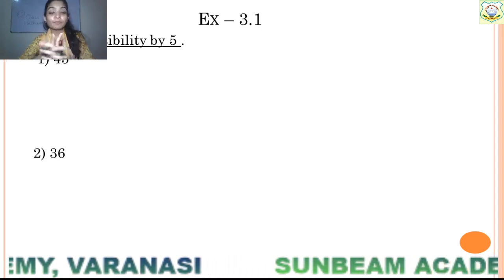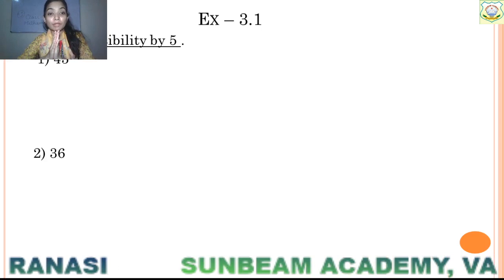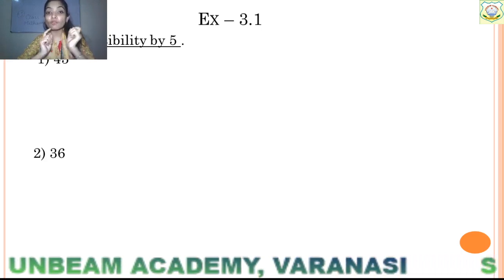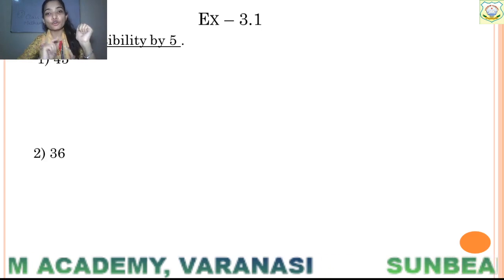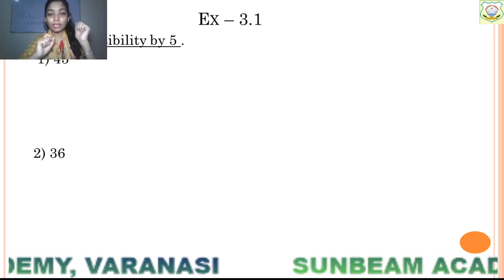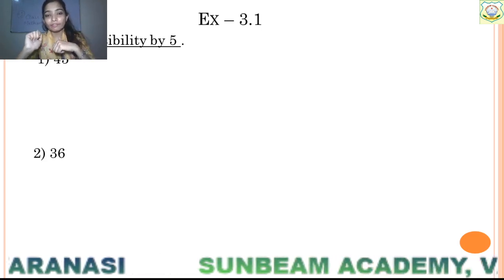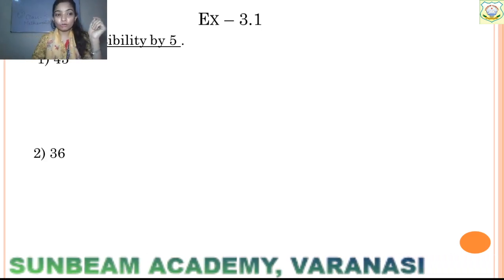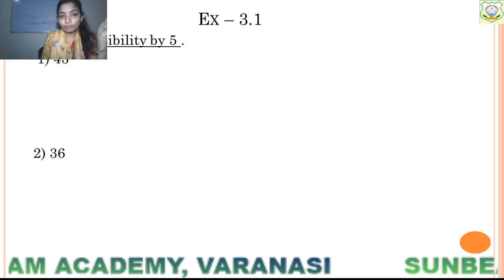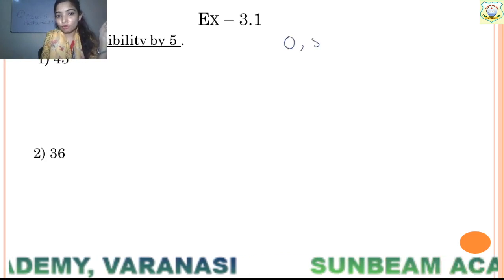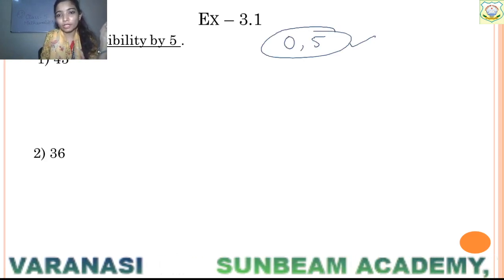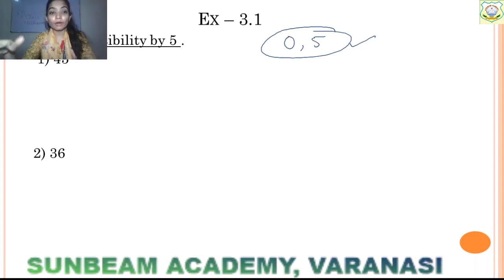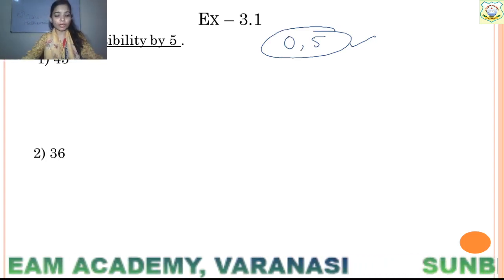The rule is a number is divisible by 5 if the last digit, or the ones place, is 0 or 5, right? If there is 0 or 5, then the number is divisible by 5. So let me write, if the last place is 0 or 5, then only the number will be divisible by 5. Clear students? So now let's proceed with the question.